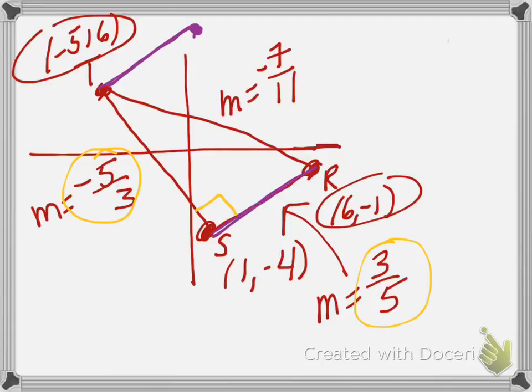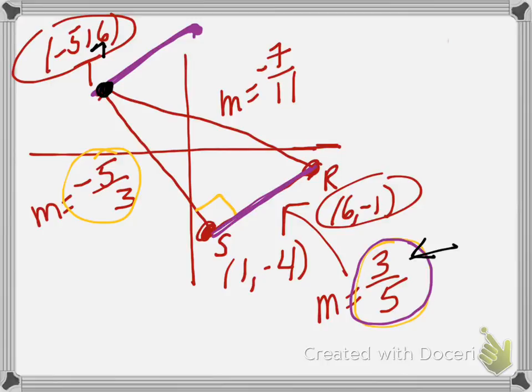If two lines are parallel, they have the same slope. So the slope of line SR is 3/5. That means the slope of this new purple line over here must also be 3/5. So if I'm starting right here, my y value is 6, and I need to go up 3. So I'm going to go up to 9.